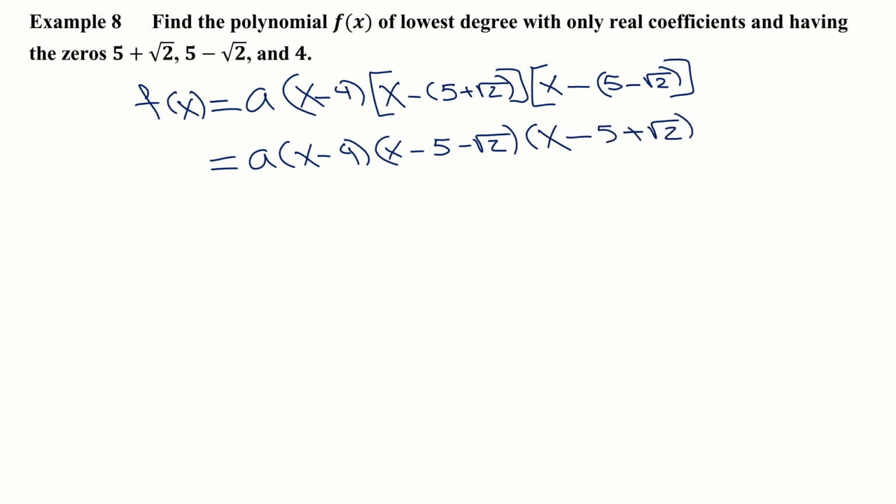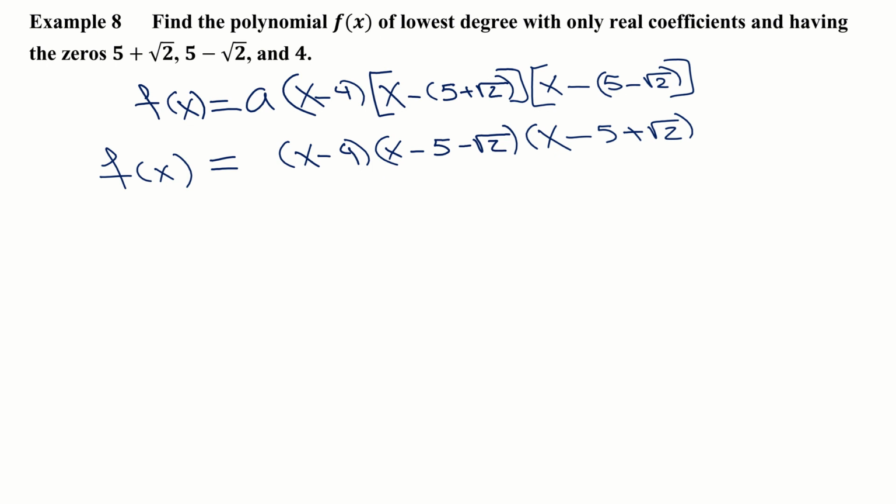Now notice that I'm not given any other restrictions such as a particular value for f at a given point, and so I can just assume a is 1, right? So if it's 1, I can just pretty much erase it. There you go. So I'm just going to let a be 1.